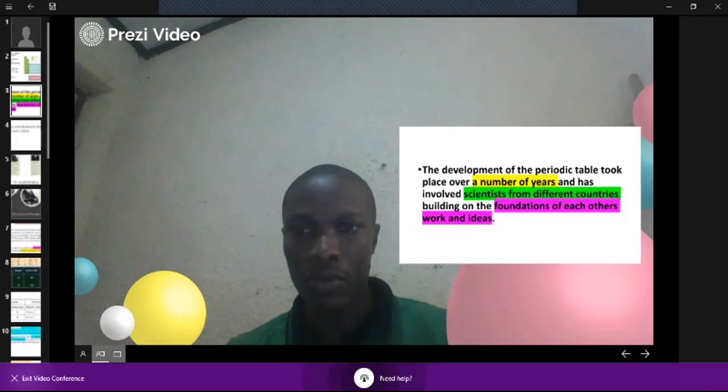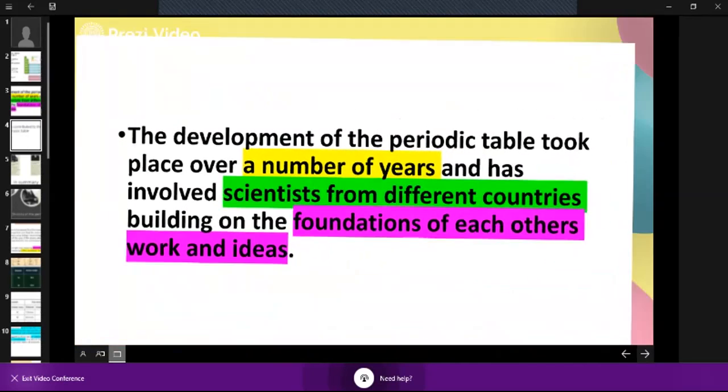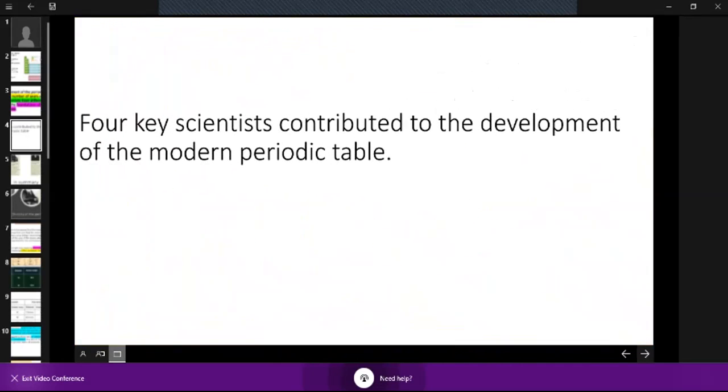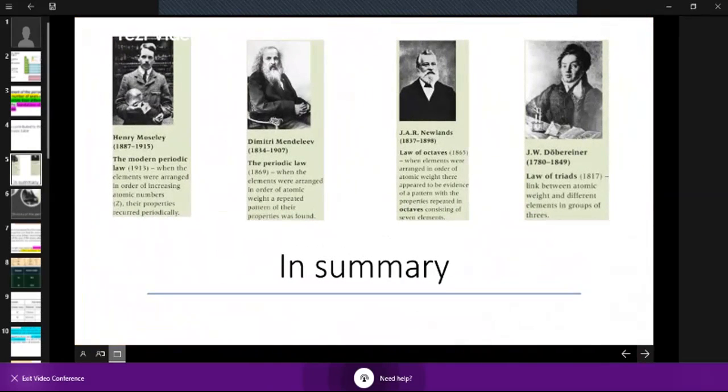So we shall look at the 4 key scientists who have contributed to the modern periodic table. We have Bruyn, who brought the law of triads in 1817. We have the law of octaves, which came into effect in 1865.